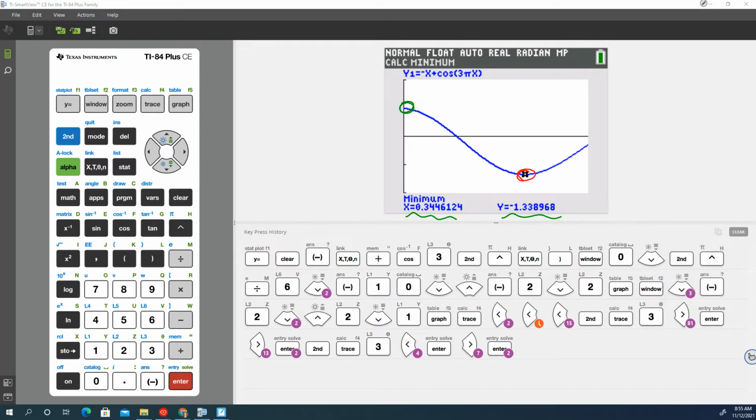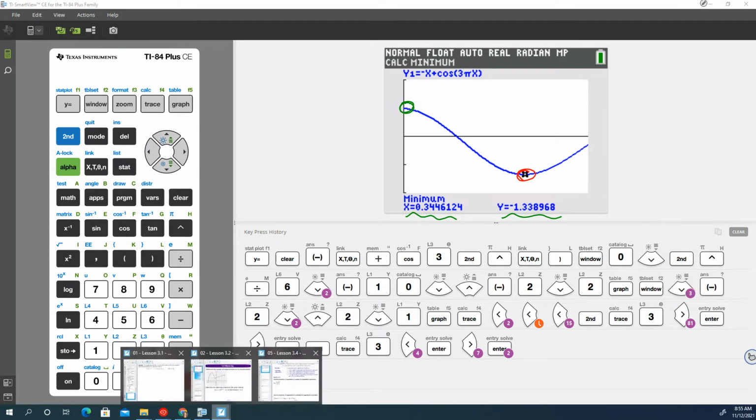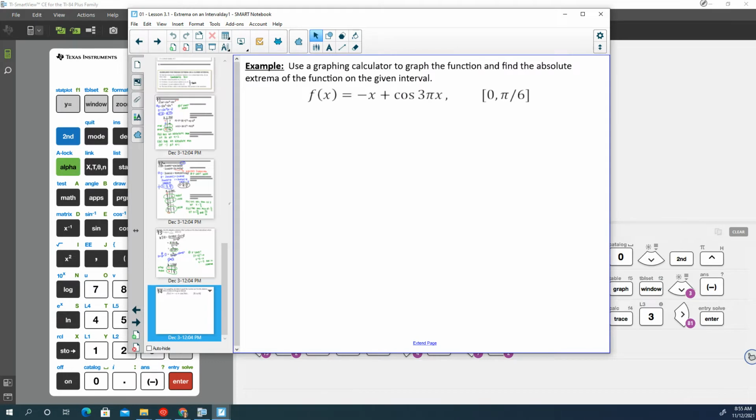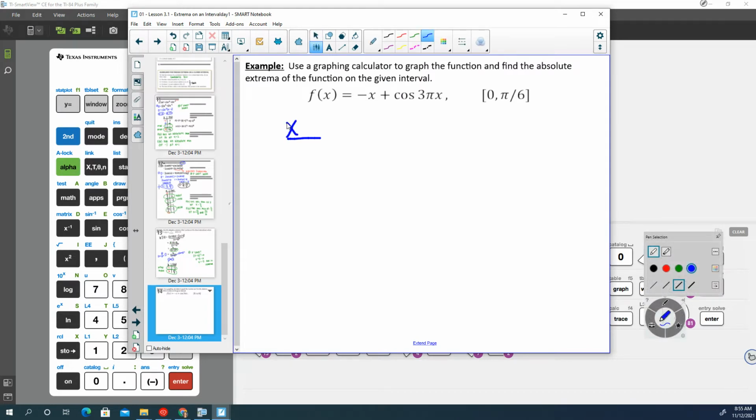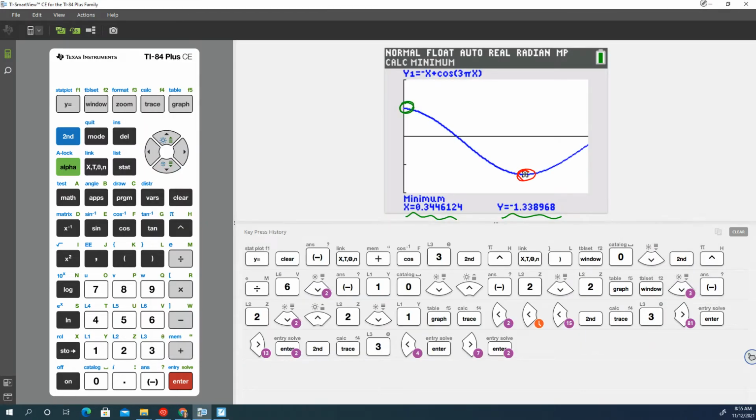So if I were to make a table for this, I see that I obviously have my endpoints of 0 and pi over 6. And then the only critical number here I have is this minimum.